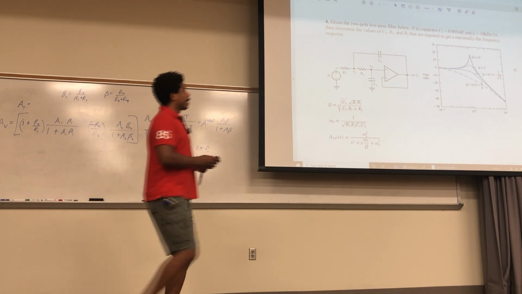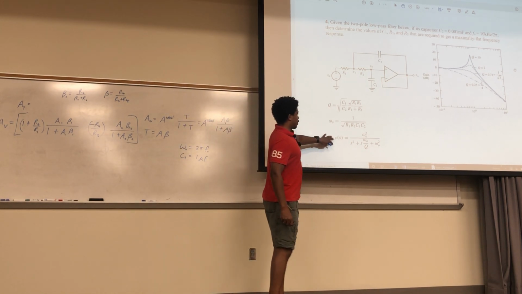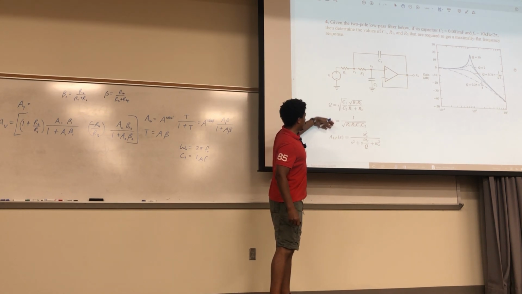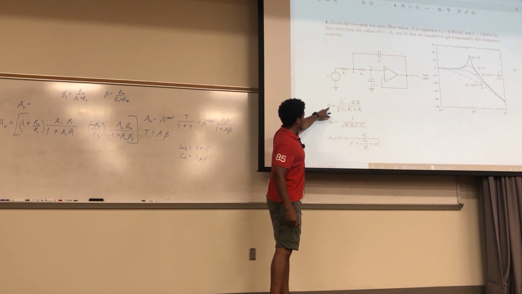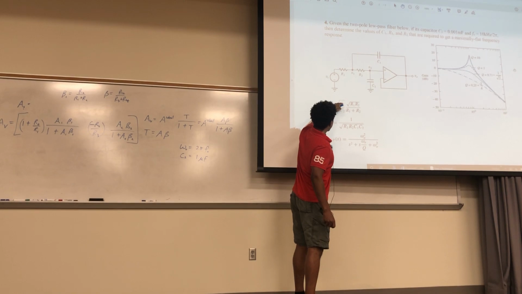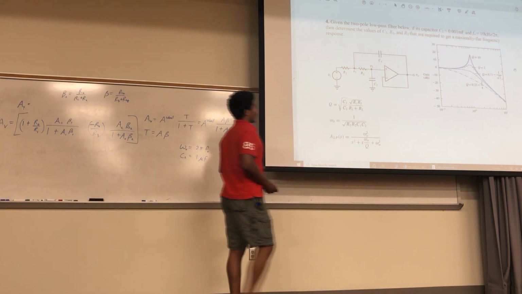Now, this doesn't really help us very much in determining what these other things are, but you have these two equations. And you found out what Q is. So you know Q, you know C1, and you know omega. So how many unknowns do you have here?